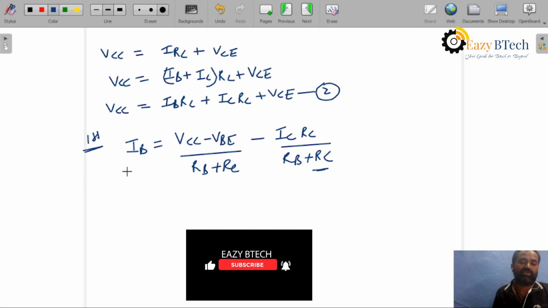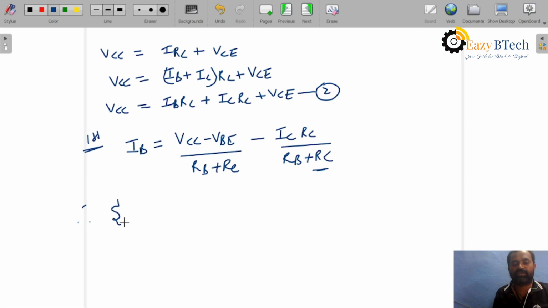This is the IB current. Now differentiate IB to find the stability factor. What is the stability factor equation? It is 1 plus beta divided by 1 minus beta times dou IB by dou IC. So differentiate IB with respect to IC.